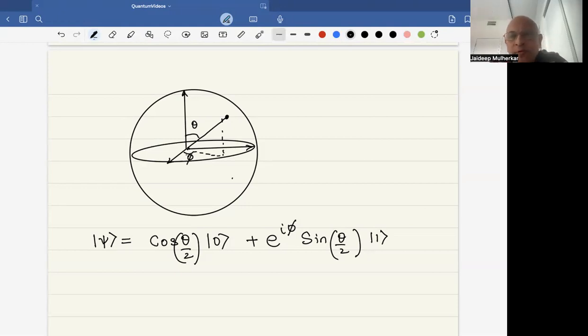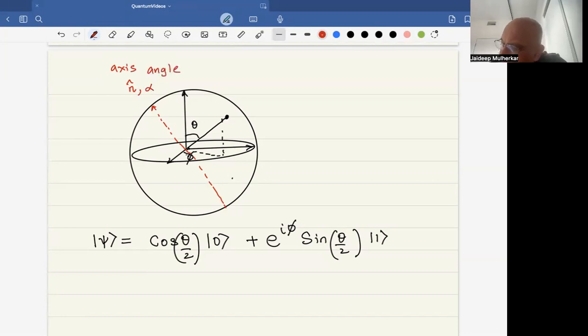So when I want to specify a rotation, I need to specify two things. I need to specify an axis. An axis can be given by a vector, a unit vector n. And then I need to specify an angle, let's say alpha.